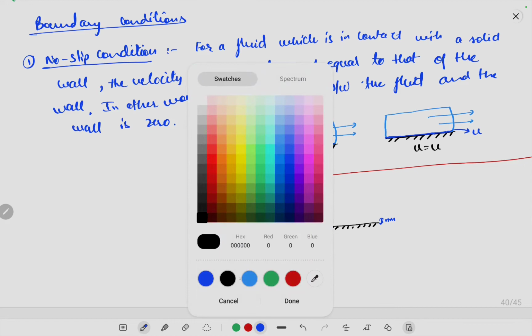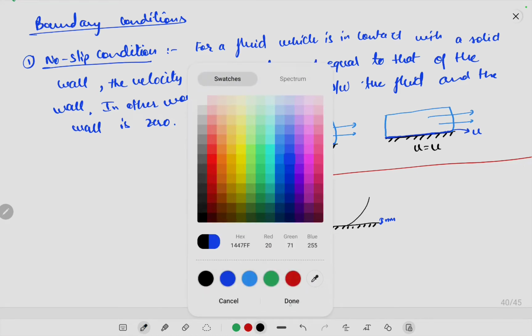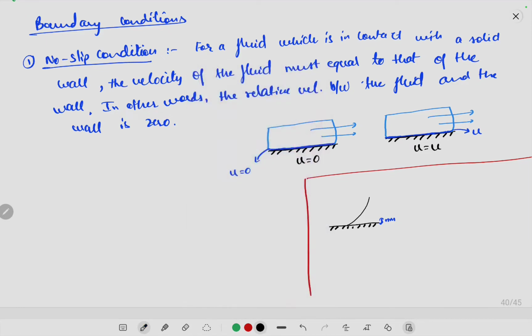So in that case, let me first draw the velocity profile. Let's say this is your y-axis and this is the velocity profile. Since no slip does not hold, it should not start from 0.